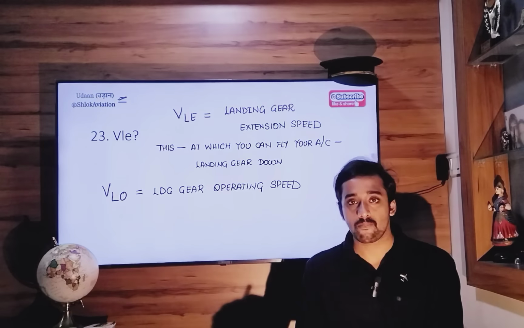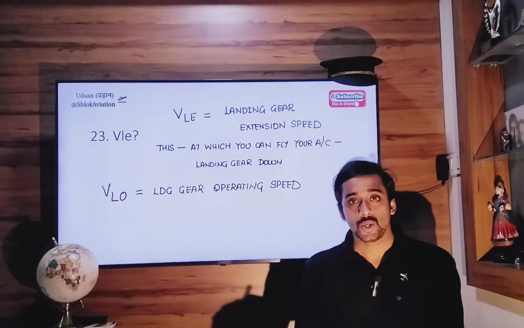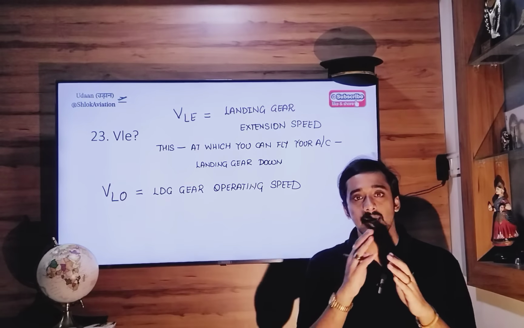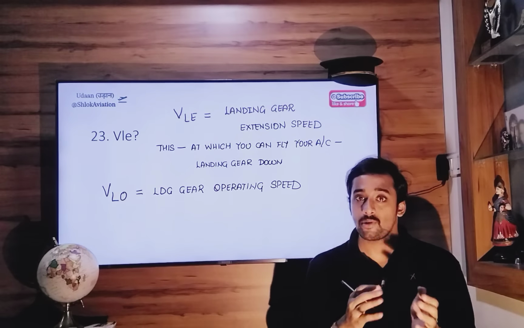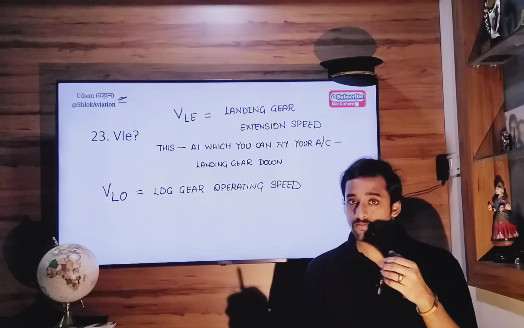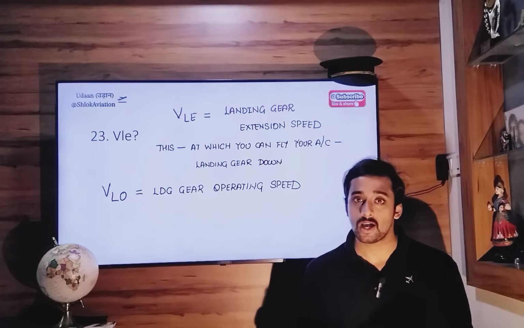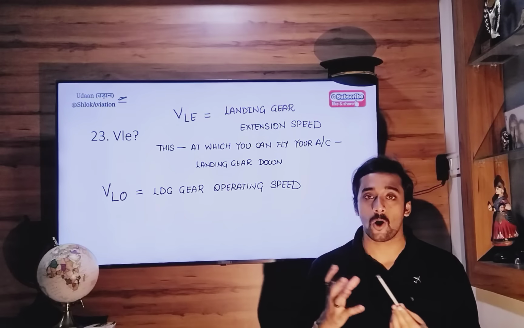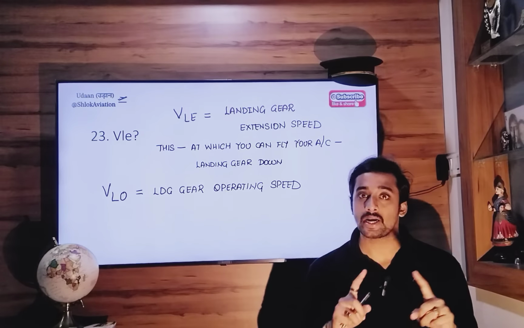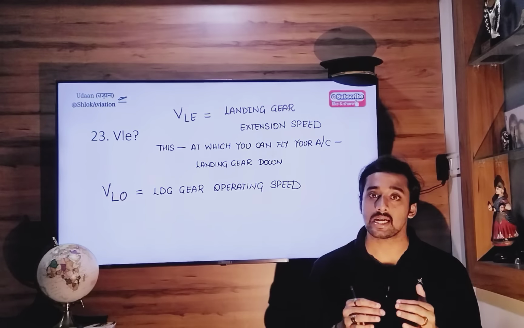So once you are conducting your approach and the right time comes to extend the landing gear, you will operate it. Operation of landing gear means extending the landing gear during the landing phase, or retracting it, that means positioning the landing gear in the belly of the aircraft or fuselage when you have taken off and you are airborne. So this is called operating the landing gear, extending or retracting. And landing gear extension speed is flying this aircraft with the landing gear extended.